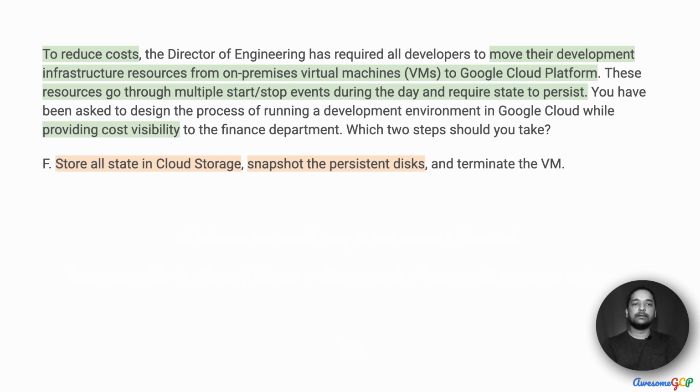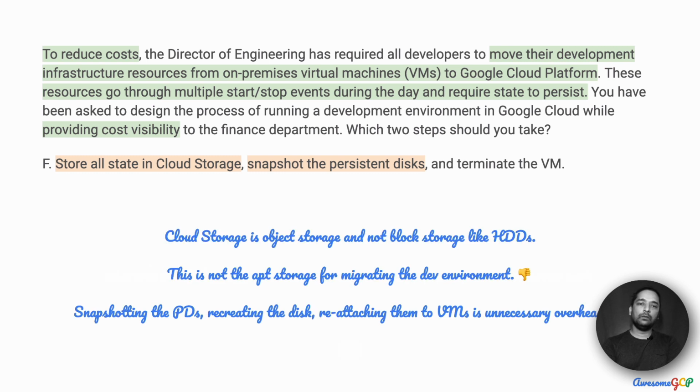Option F suggests that we store all state in cloud storage, then snapshot the persistent disk and terminate the VM. Now, cloud storage is object storage, okay, and it's not block storage like hard disks. Though we kind of use them similarly as if we are working with files, their underlying working is different, and some of the things just don't transfer very well between these two options for storage.